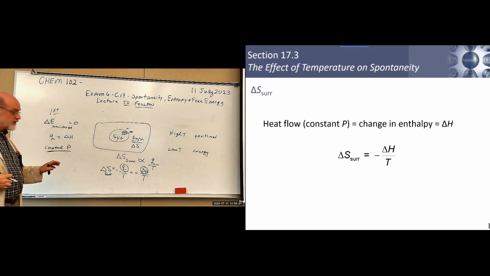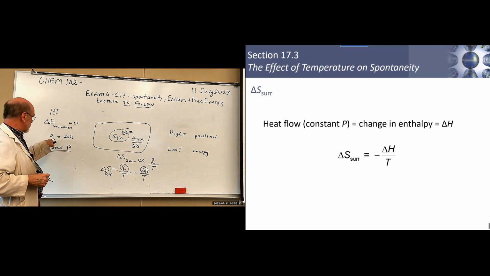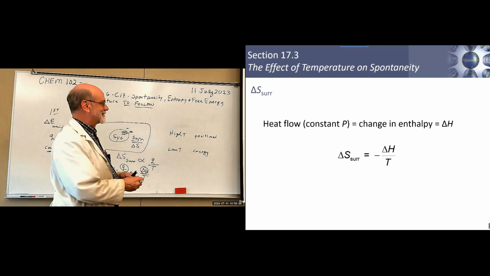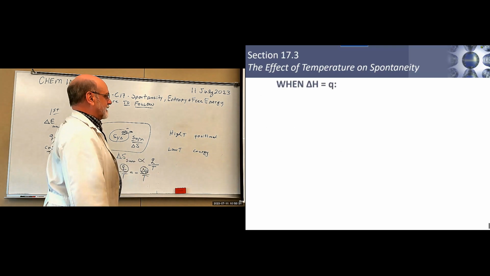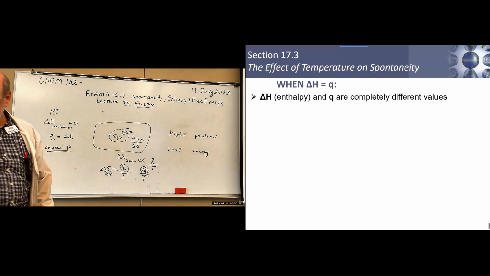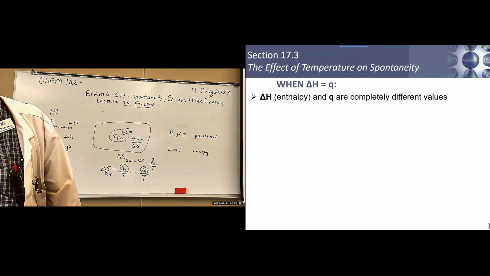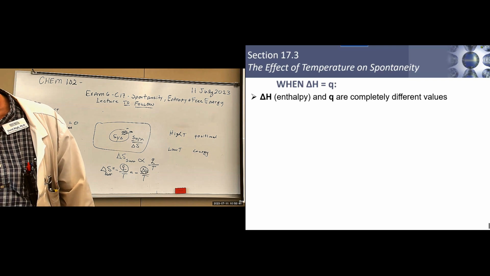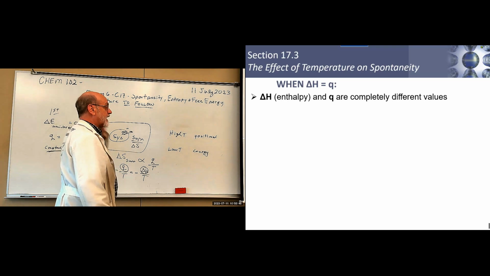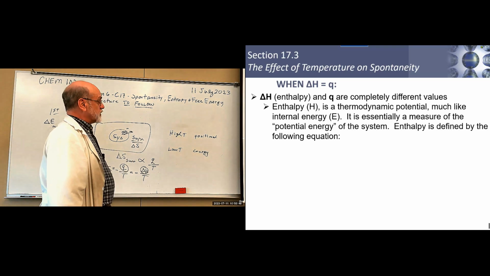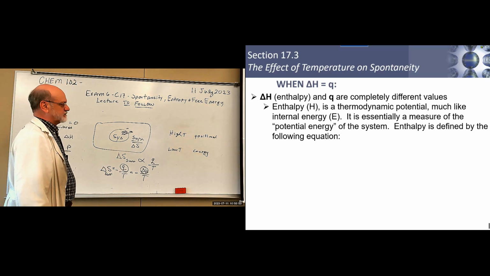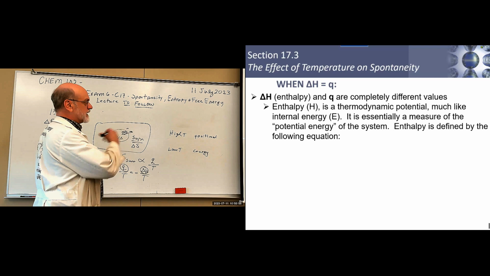If the process is at constant pressure, then measured Q is equal to delta H. Okay. All right. Oh, here it is. How did I miss that? Well, that's good. Delta H, enthalpy, and Q are completely different values. Yes, that's true, because Q is measured and enthalpy is a thermodynamic potential related to internal energy.